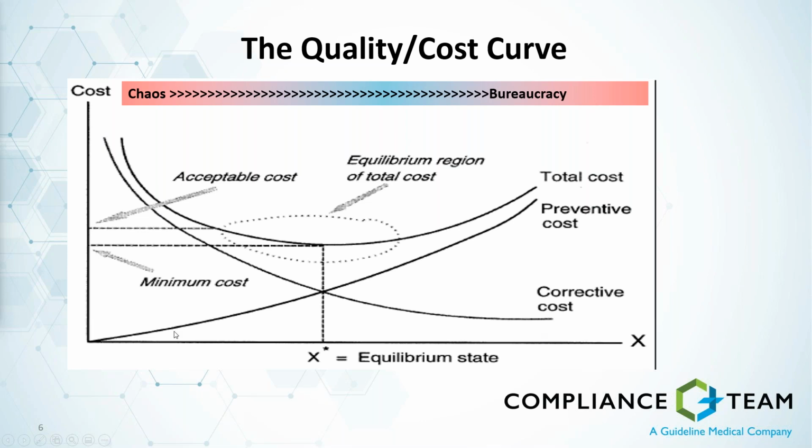And so what you end up creating is a nice little functioning area of quality risk management. And that's where you want to be, this ideal inflection point where your quality costs are minimized because you're firefighting less and preventing more, but not so much that you're overspending.